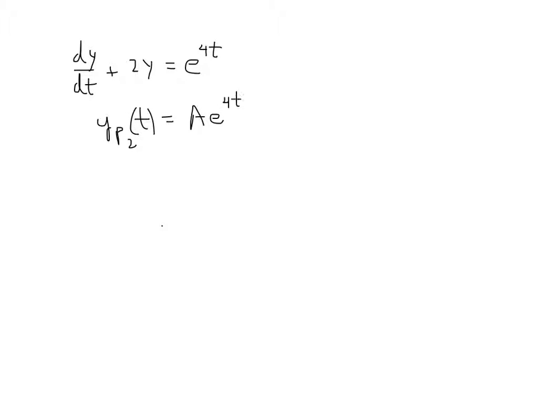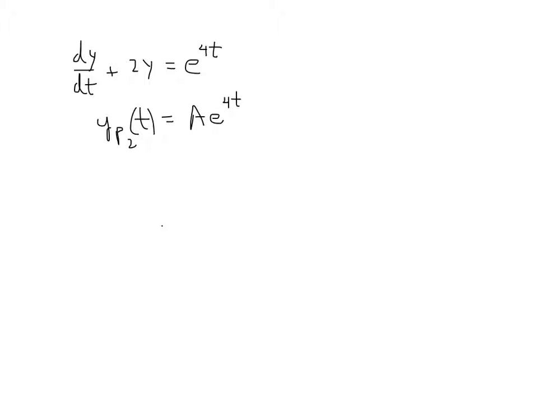Now we're going to solve the differential equation dy dt plus 2y is equal to e to the 4t. Well, this is more straightforward. The particular solution I try here is none other than a e to the 4t.